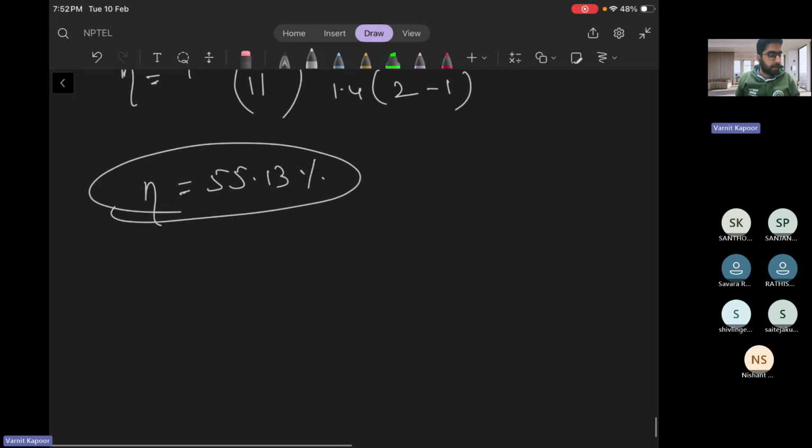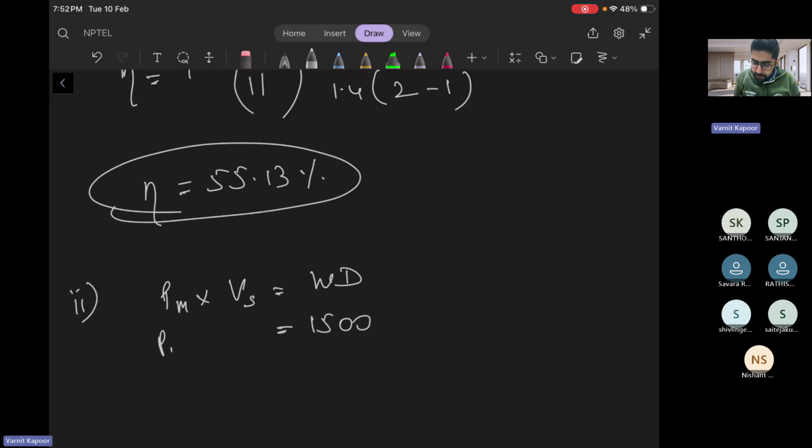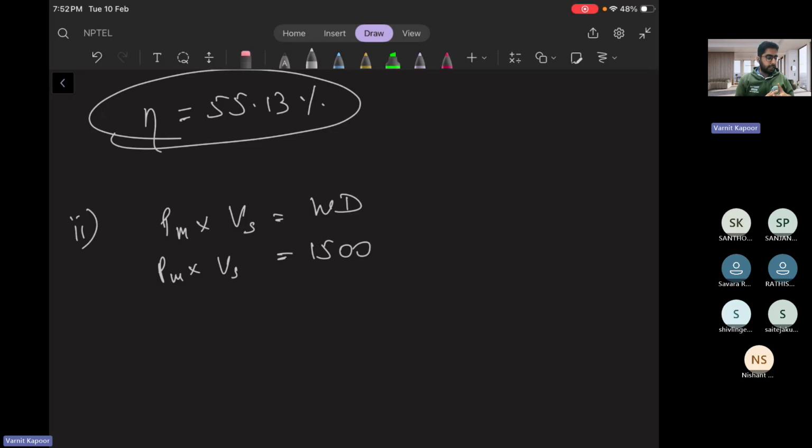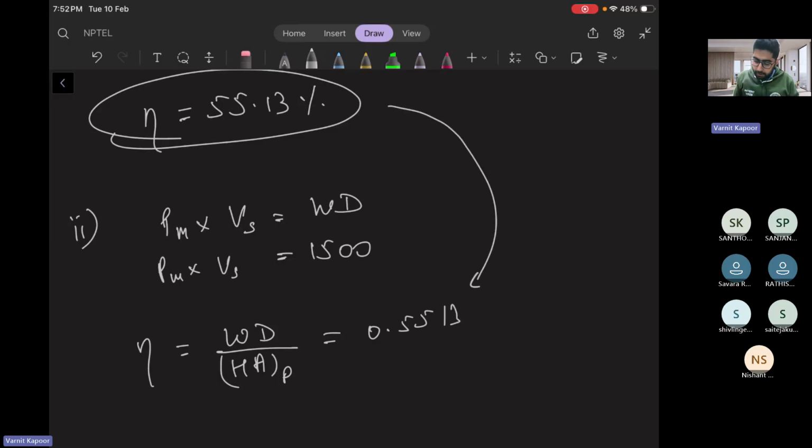Now let's come to the second part. Mean effective pressure has been asked. Pm into swept volume is net work done. You have the work done, 1500 joules. Mean effective pressure we don't know, and we don't know the swept volume so far. Efficiency is nothing but net work done upon heat added at constant pressure for the diesel cycle, and this is 0.5513.